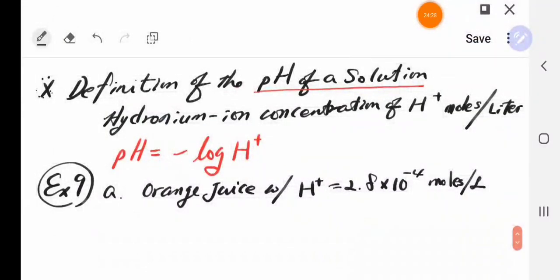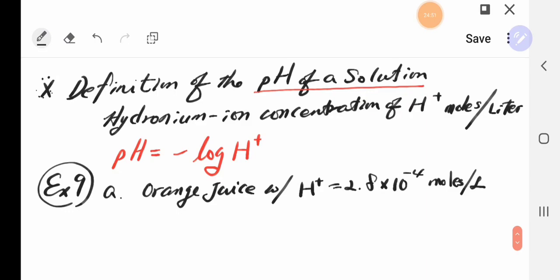Okay, in this exercise, let's learn about the definition of the pH of a solution. The pH of a solution with a hydronium ion concentration of H plus moles per liter is given by this equation: pH is equal to negative logarithm of H plus.